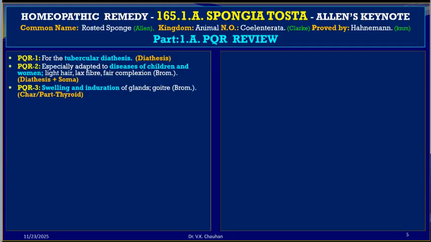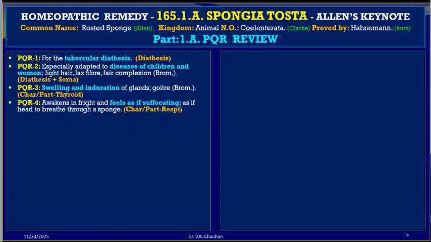So if we are talking in that reference, it is a characteristic general symptom. It has two components: swelling and induration of glands means a characteristic general symptom. If you take up only goiter, then it is a particular general.